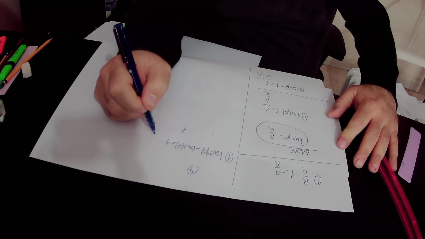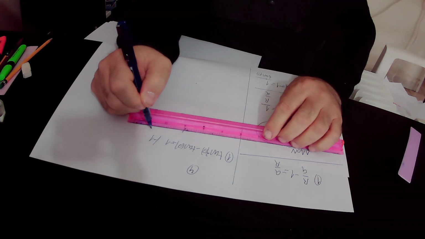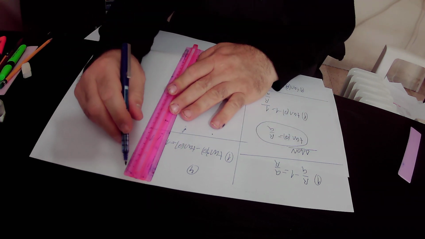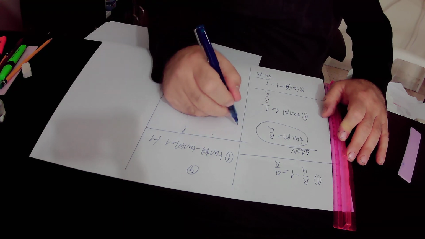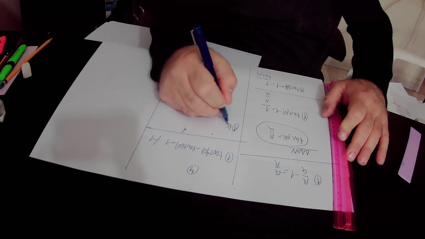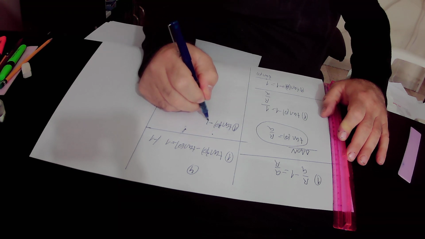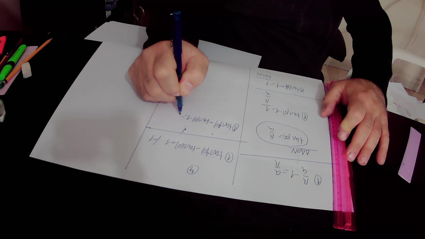We will subtract 1 from both sides, and we will get that tangent square theta minus tangent theta minus 1 equals 0.